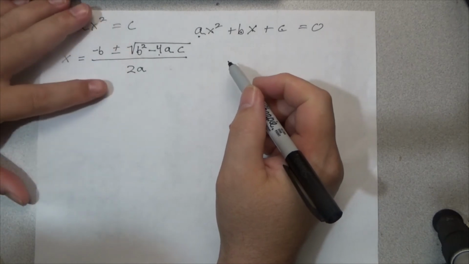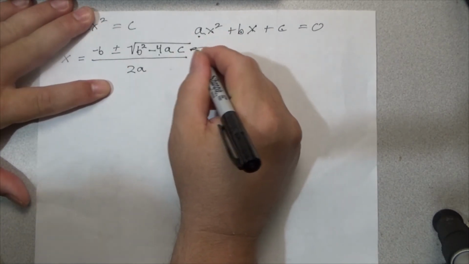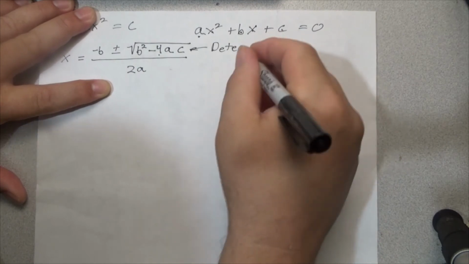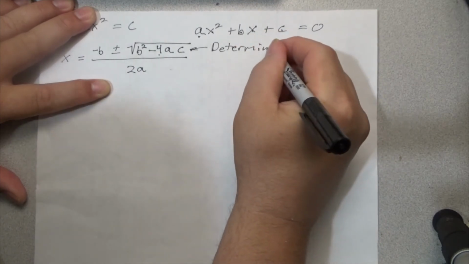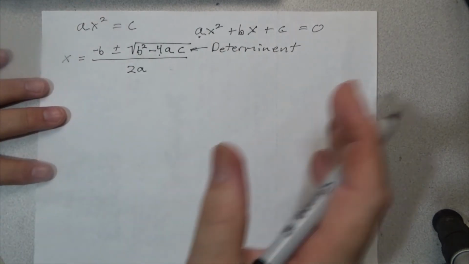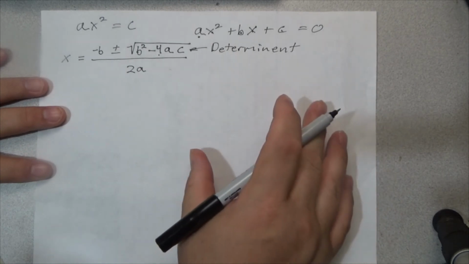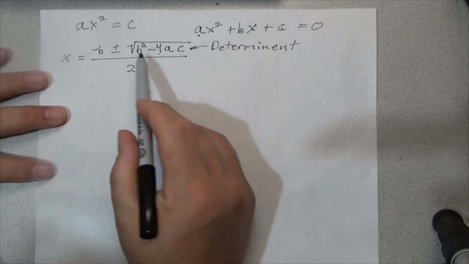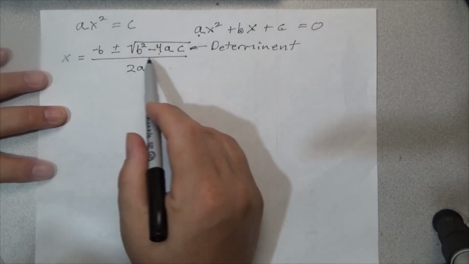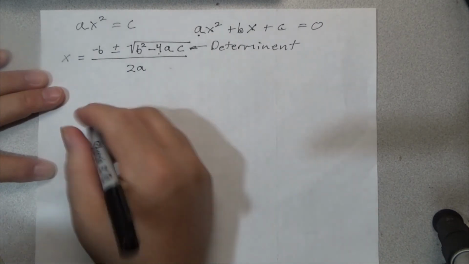Now, this part right here, what's underneath the radical, is what I call the determinant. Some people call it, I've seen it in textbooks as the discriminant. This is the part of the equation that determines what your answers are going to look like.